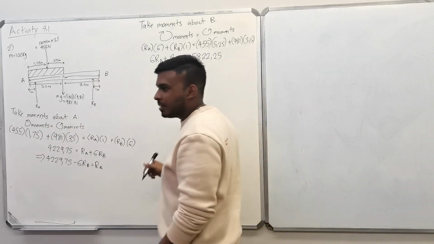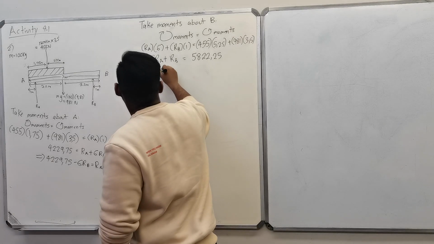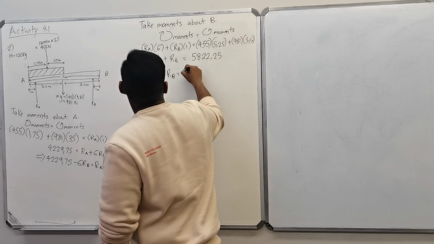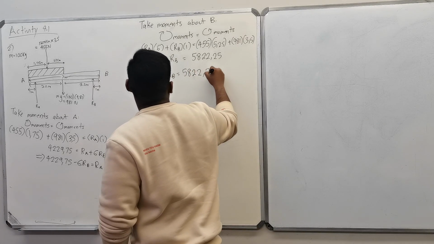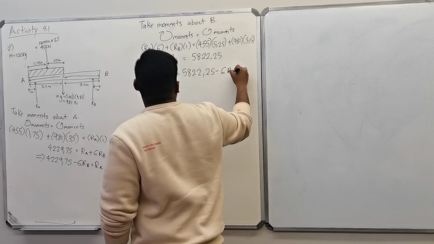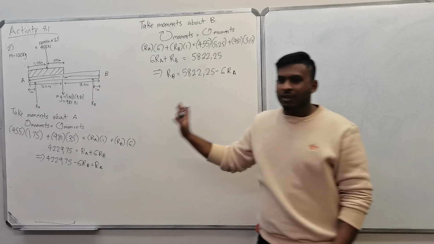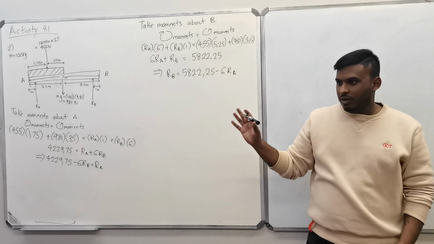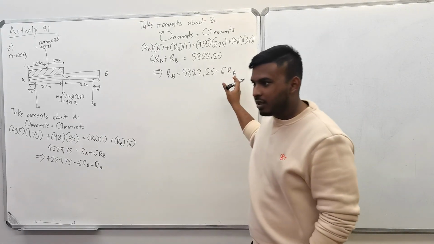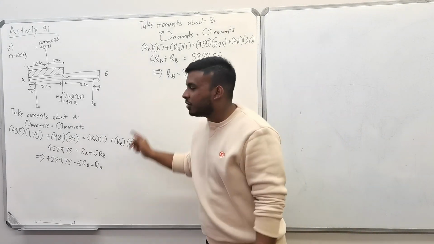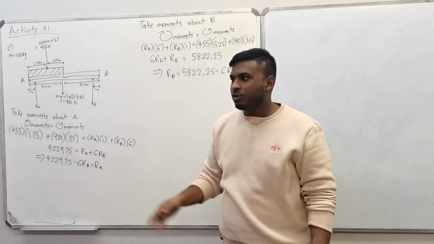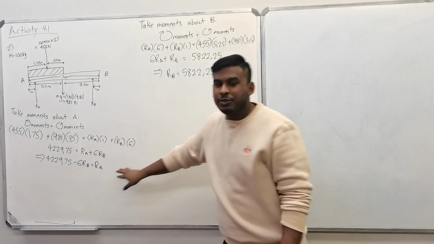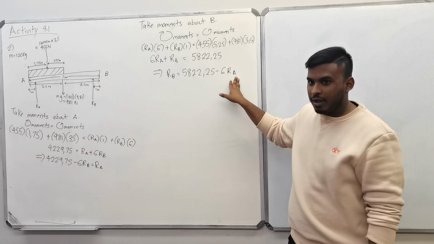Let's just make RB the subject of the formula. Therefore RB is equal to 5822.25 minus 6RA. So far, guys, everything I did over here, do we understand? Now we've got two equations, but there are two different variables that are the subject of the formula. So we can take this and substitute it into there.